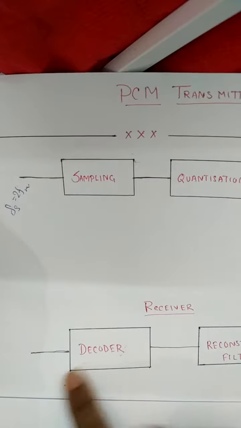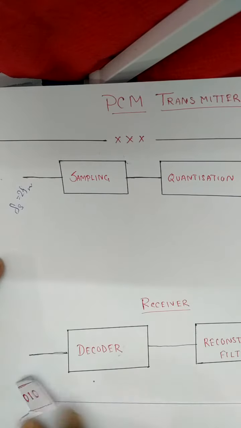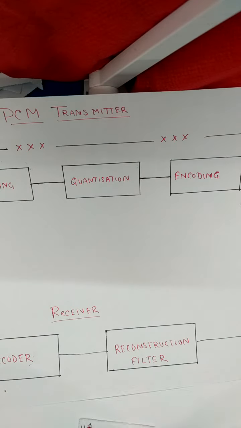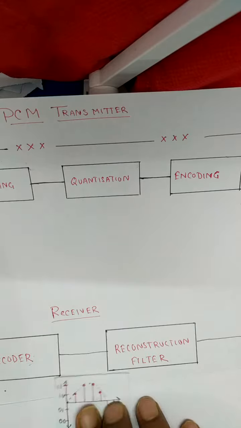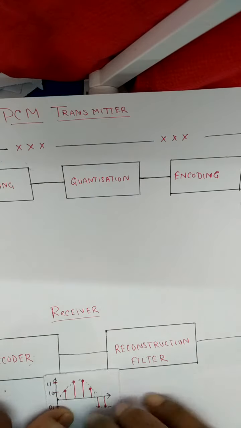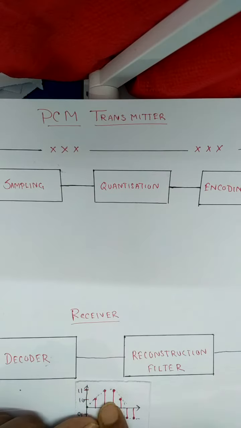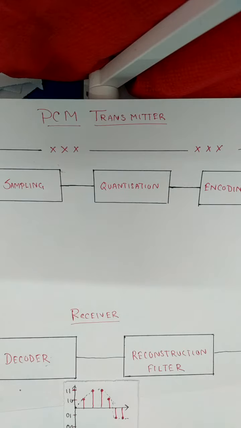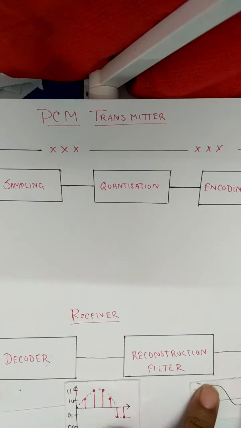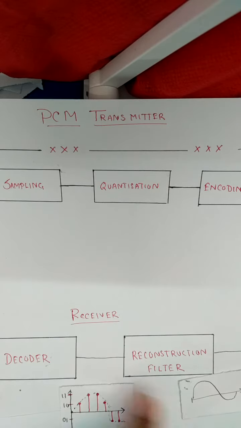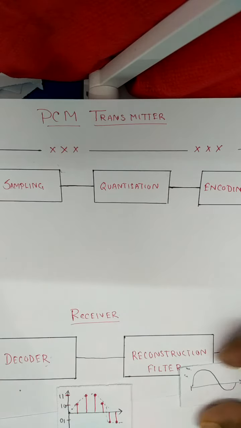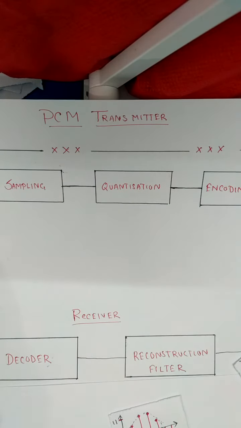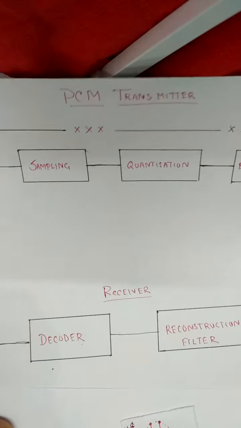So you have your bits coming in from here, and these bits will be converted into your quantized signals by this decoder. When you feed this into the reconstruction filter, you will have your signal back. So this is how it works for decoders, for receivers.